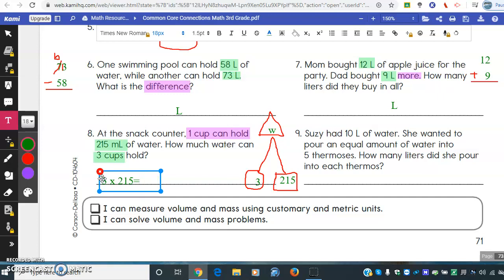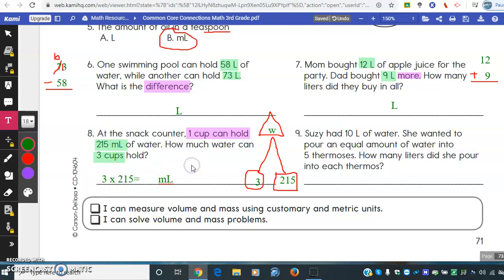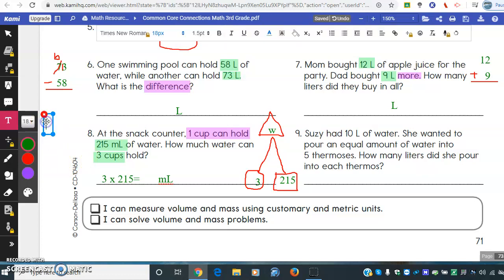And I'm going to make sure my answer is in milliliters, and that is on purpose a little m with a capital L. Now at this time I might have a lot of 3rd graders say, whoa, wait a second, we've never done this before, and you would be absolutely correct. But there is a way to do this using your 3rd grade skills.